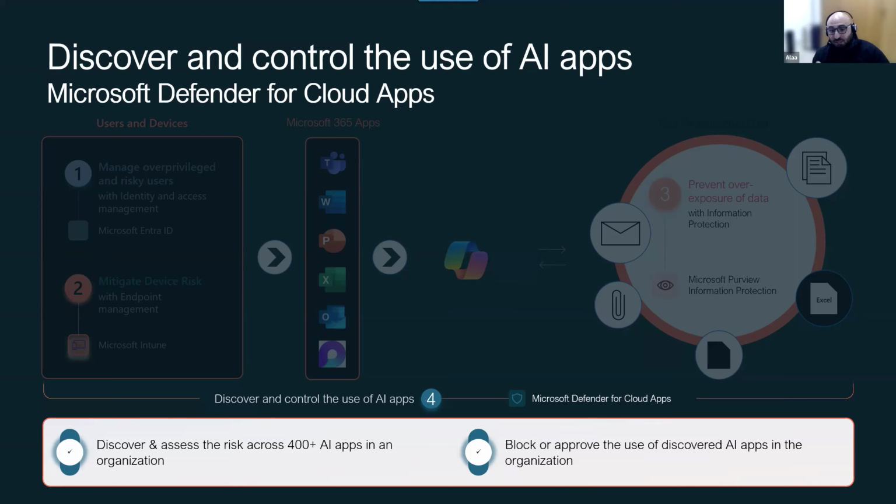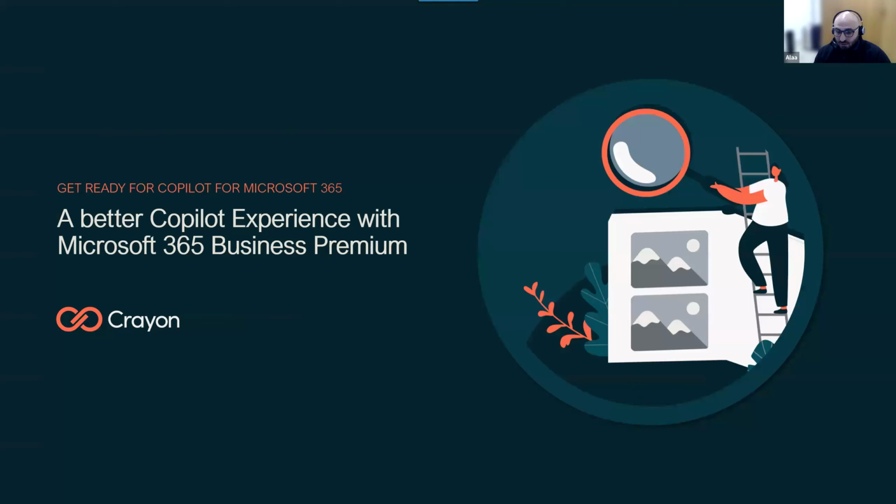So the discovery capability of Defender for Cloud Apps is included within Business Premium. For more advanced options like blocking and approving apps, you can upgrade to the Defender for Cloud Apps add-on. You can add it, or you can add the Microsoft 365 E5 security add-on, which is now approved to be added to Business Premium, while previously it was just for E3 and E5. Cool.